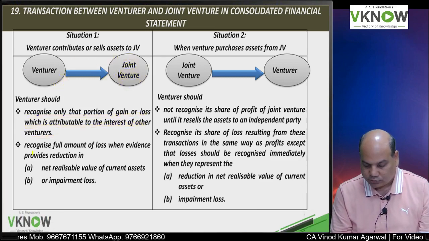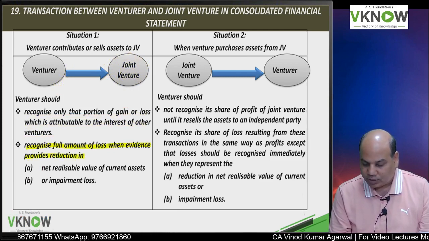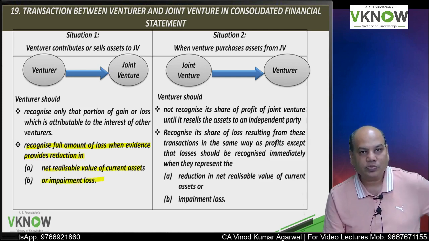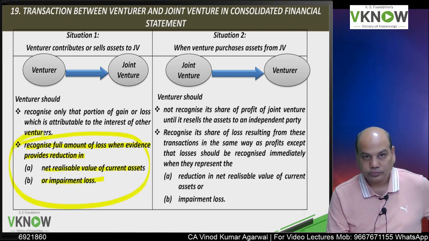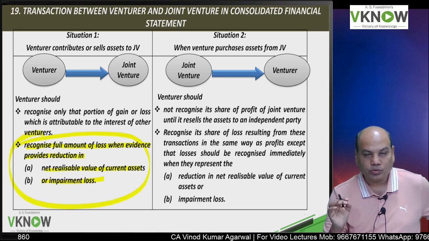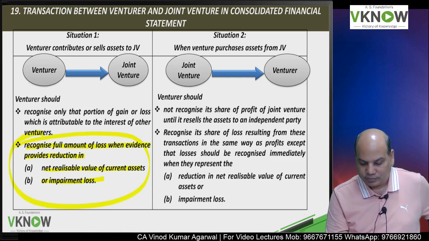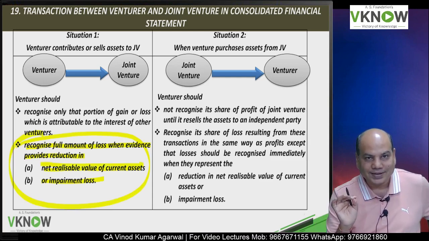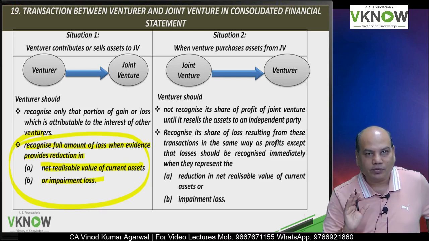And what about the loss? Recognize the full amount of loss when evidence provides a reduction in NRV or impairment loss. In case of loss, we have to be conservative. If the loss is due to reduction in NRV in case of inventory, or if the loss is due to impairment loss in case of an asset, PPE, intangible asset, then we can recognize the full loss.